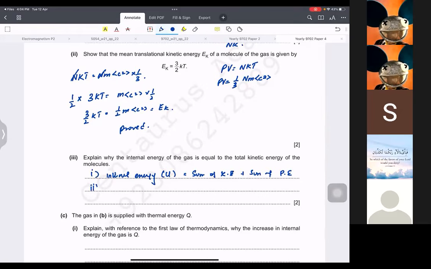Now, because this is a gas, since in an ideal gas, potential energy equals 0, hence internal energy is solely kinetic energy. Do you guys understand this? Or you could say 3 by 2 kT or NkT.